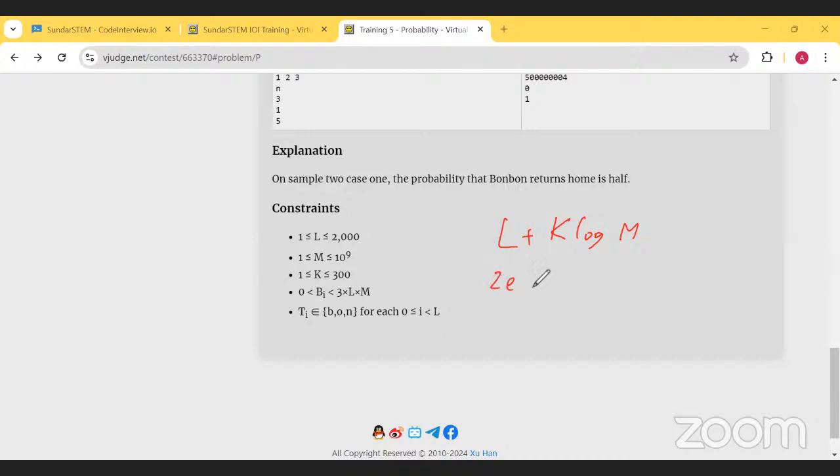So this is just 2,300 multiplied by 30. So just around 10,000.